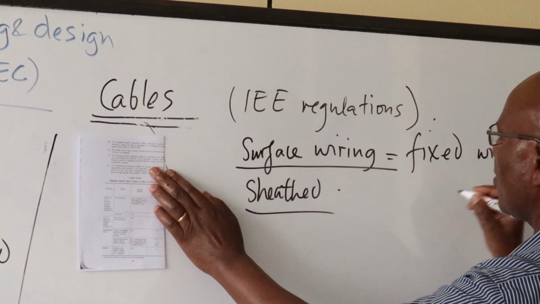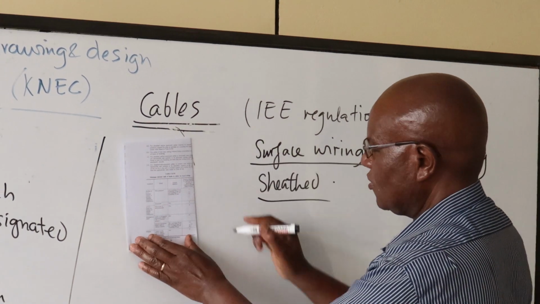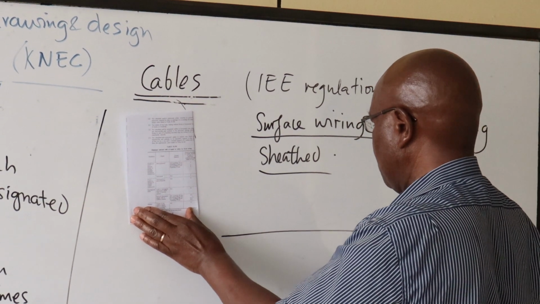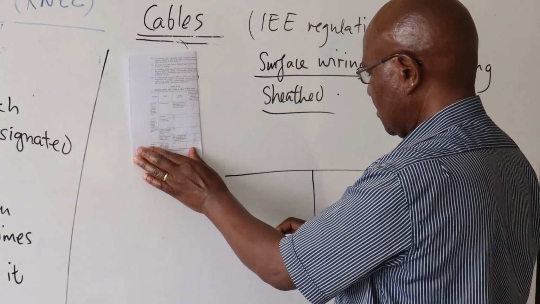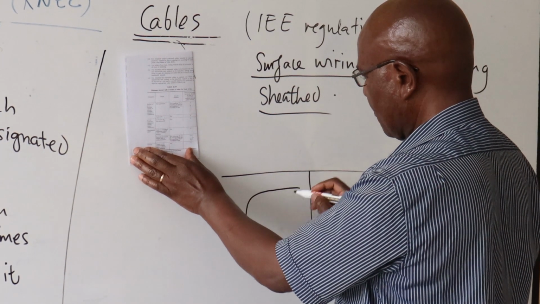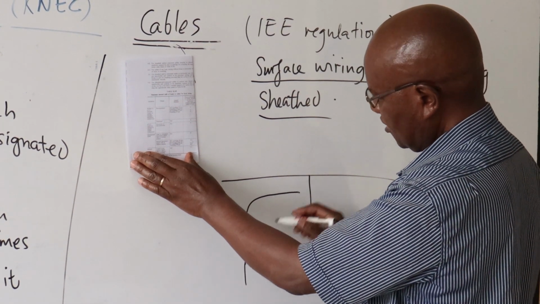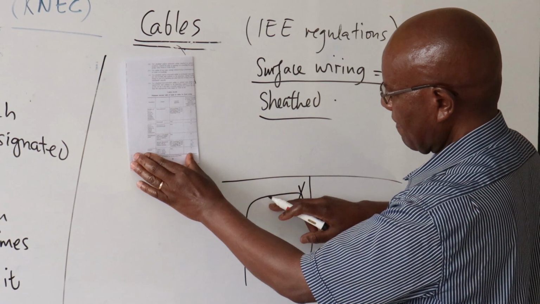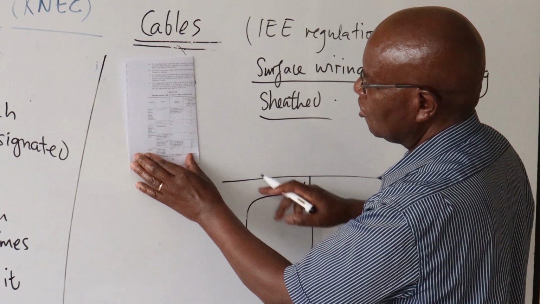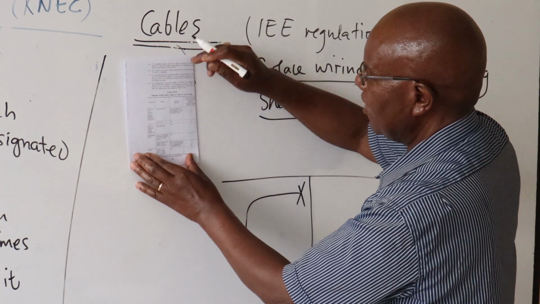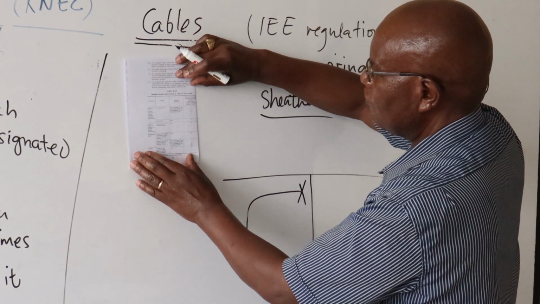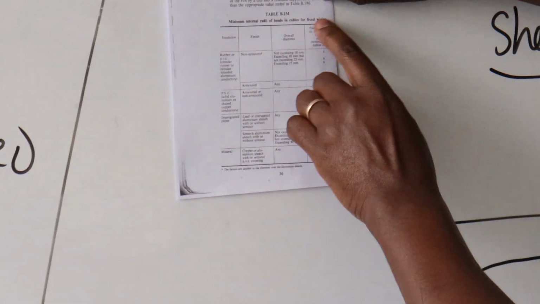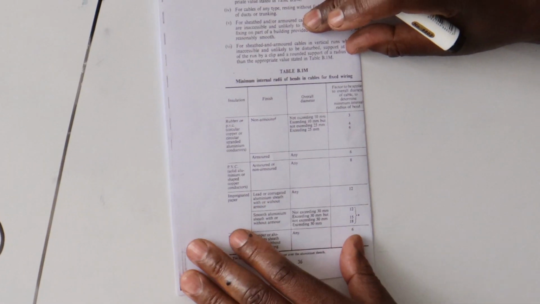And then we know once you are running your installations, sometimes you may need to bend your cable. If this is your cable, you are taking to a lighting point, you need to bend that cable. So this table, again, this is B1M. It gives you the minimum internal radius of bends in cables for fixed wiring.